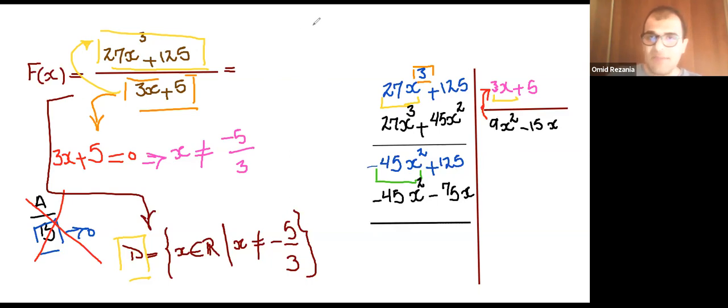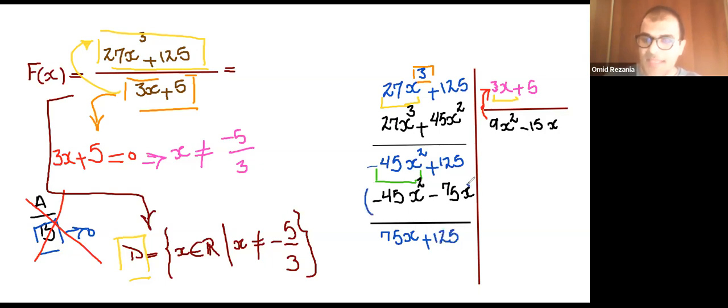I'm just going to simplify that further. These terms are going to be gone, and this one is going to be gone. What term is going to be left here? Then I have plus 75x plus 125.